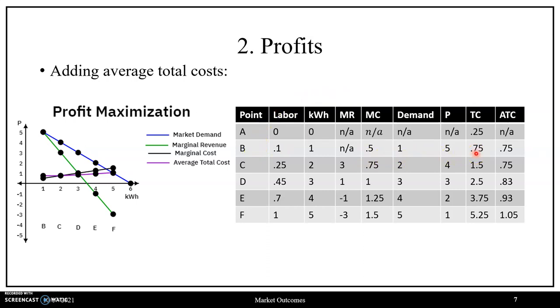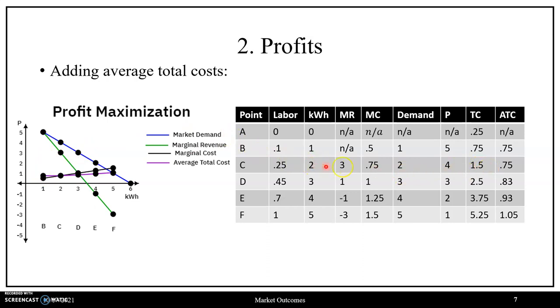divided by output. With that in mind, turning to total costs, we see that when output is 1, total cost is 75 cents. Dividing that by our output level of 1 gives us an average total cost value of 75 cents for point B, which is going to generate our point B on our purple average total cost curve. Moving to when output is 2, we see that total cost is $1.50.